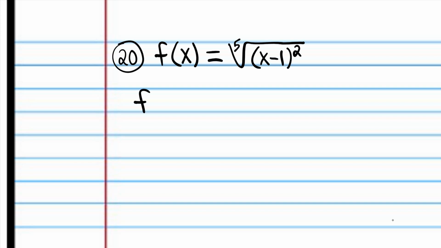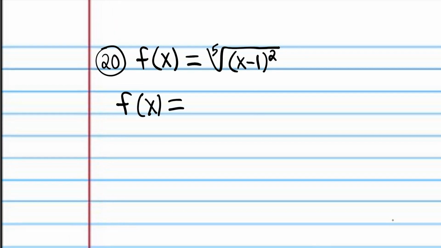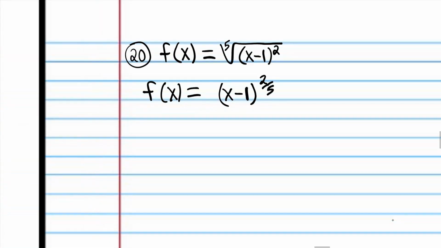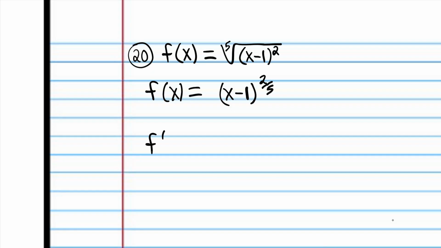So concavity is determined by the second derivative. So before we do that, we have to find the first derivative. And before we find the first derivative, we have to rewrite this in a form that is easier for us to analyze, and that's exponential form.